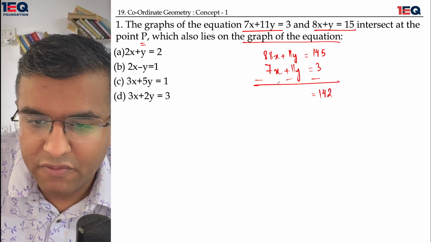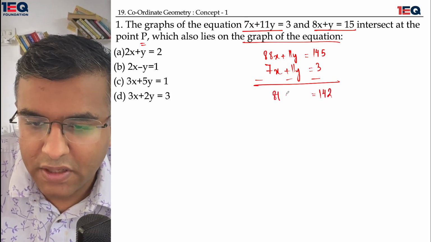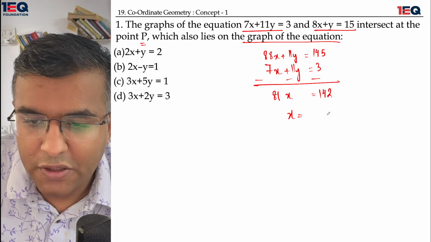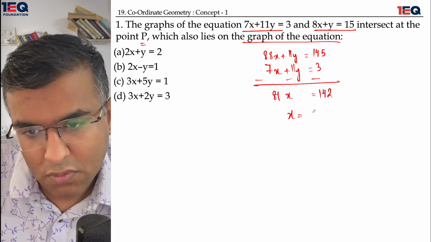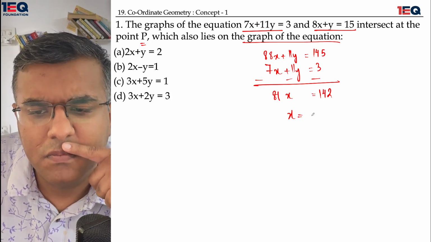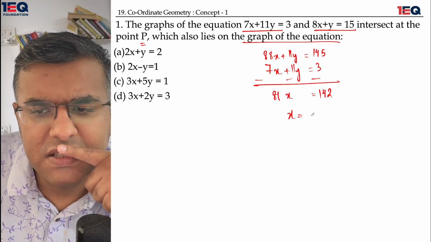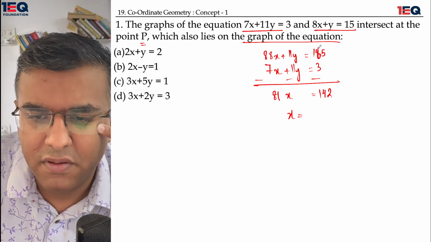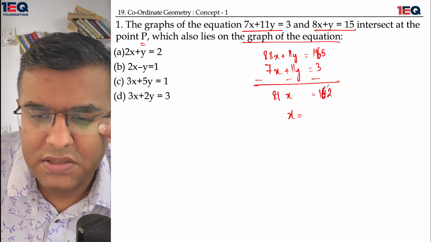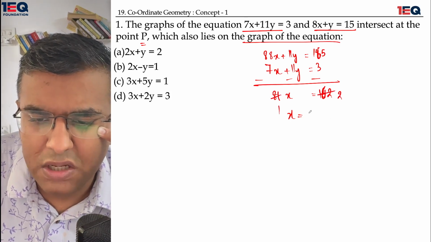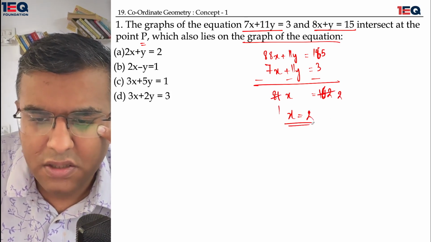So this would be 162, this would be 81x, and the y term would get cancelled out. It should have been 162. This is not 150, this is 165. This is 162 now, right? So 81 ones are 81, twos are 162. So the value of x is equal to 2.